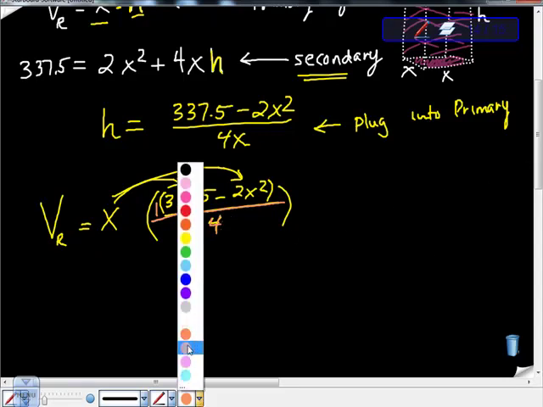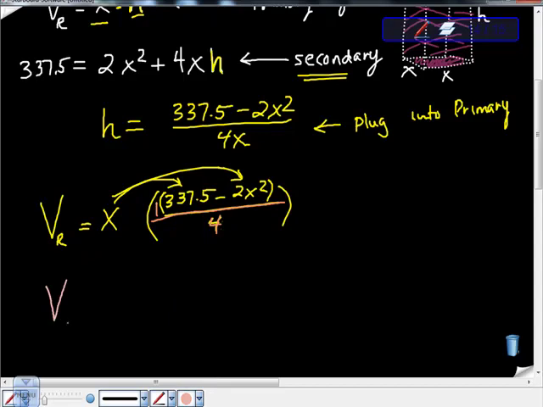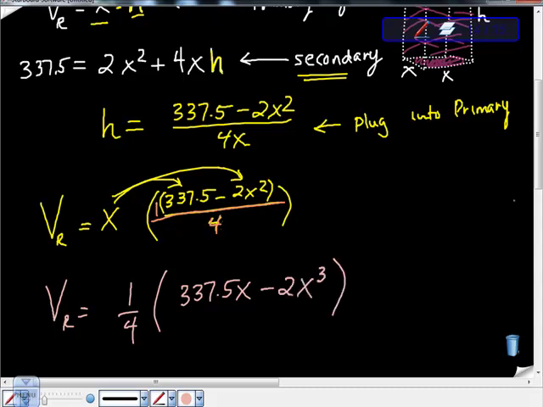So as I do both of those things, the volume of my rectangle is actually, I'm going to pull this 1/4 out first, times 337.5 times x is 337.5x. x times negative 2x squared is negative 2x cubed, right?